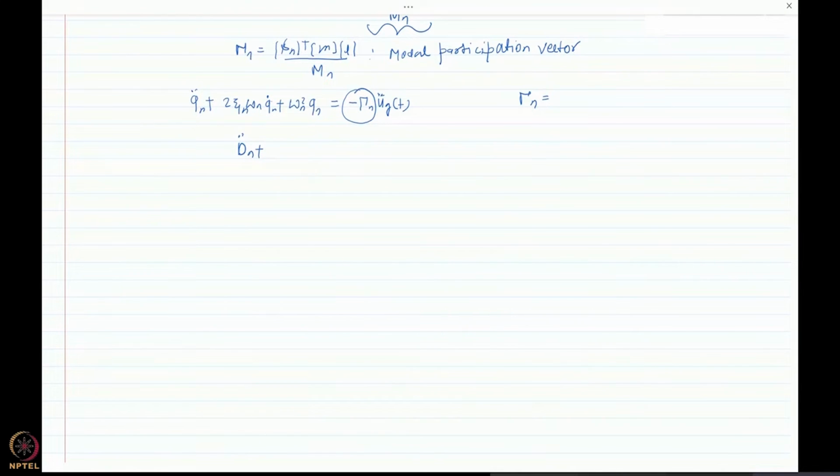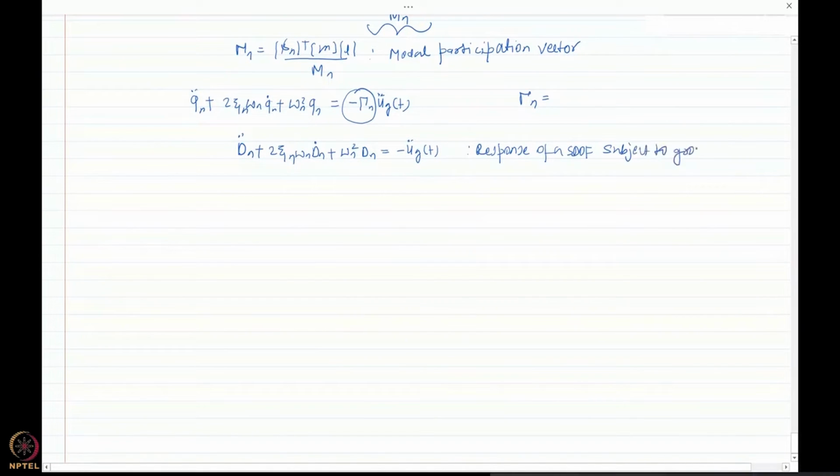So we already have the solution for this available from the standard equations or charts, and this is the equation that we use when we find the response of a single degree of freedom system subject to ground motion ug double dot t.